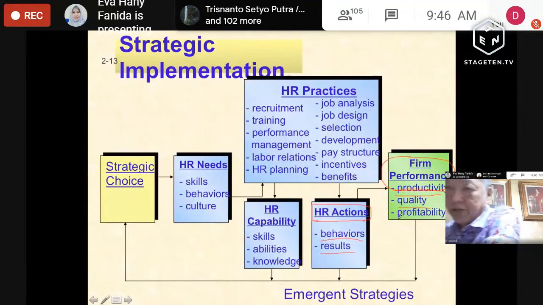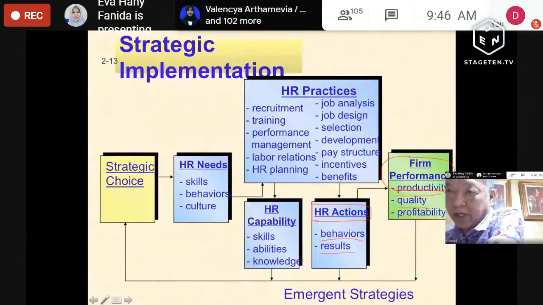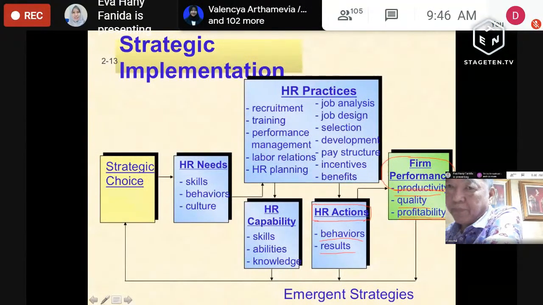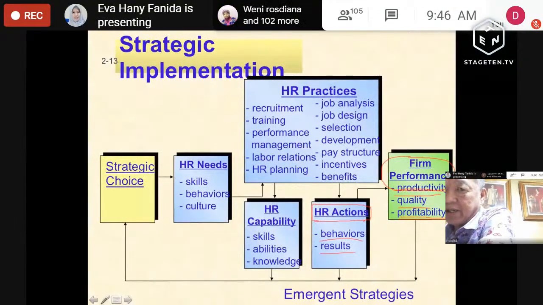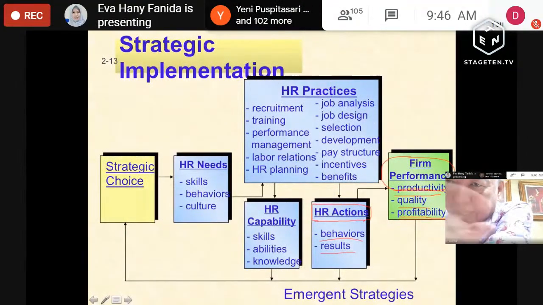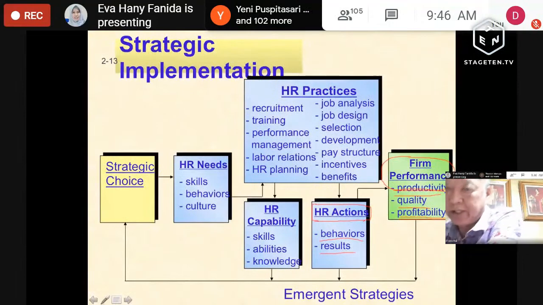So right now we are talking about what kind of people in our organization can contribute to the strategic choice. First, we want to know what kind of people we need. So that's why it is HR needs in the second box.